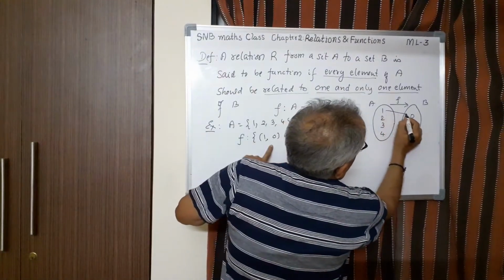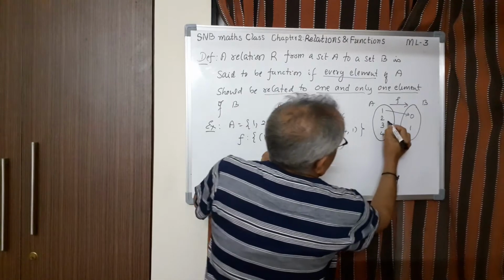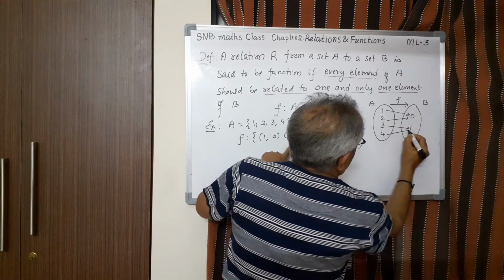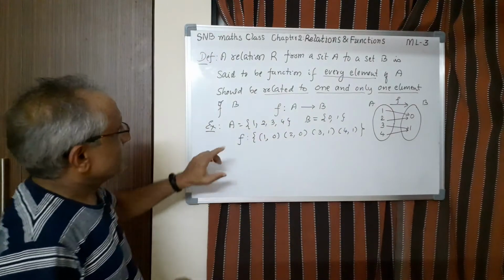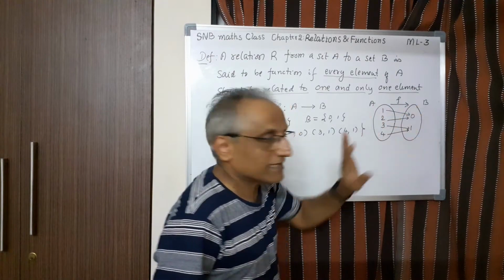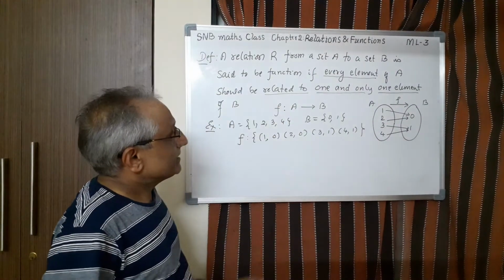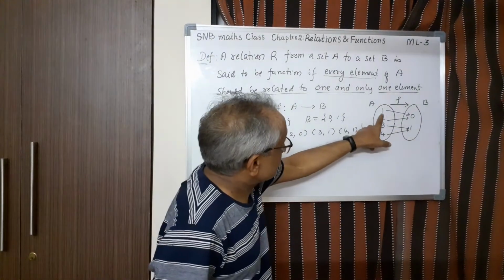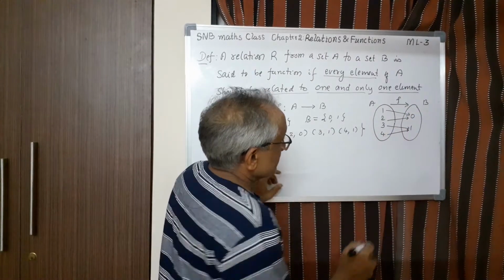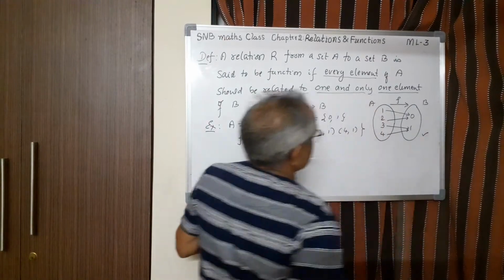Just show by arrow mark. Then 2 is also going to 0. Then 3 to 1, 4 to 1. Now ask yourself, is every element of A related to some element? The first condition is satisfied. Second, every element is related to one and only one element. That is also correct. Therefore, definitely this is a function.